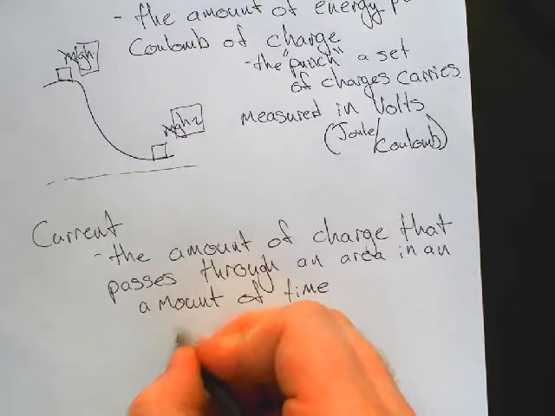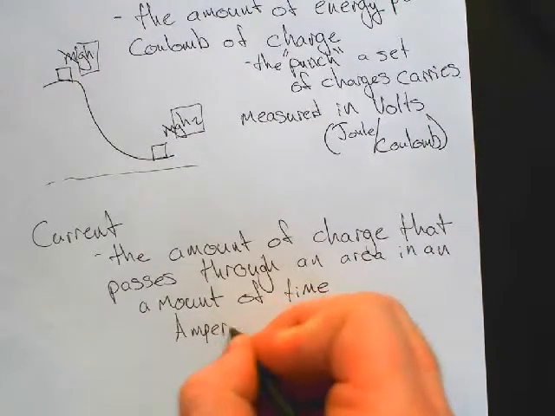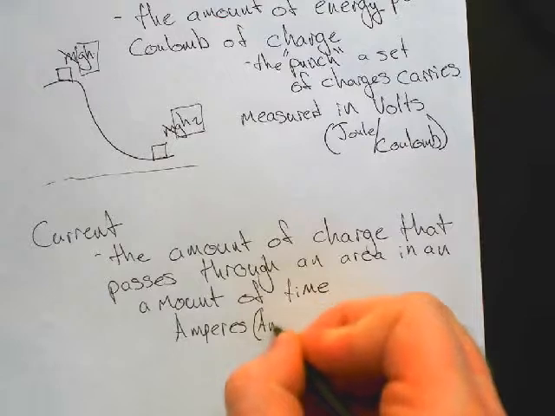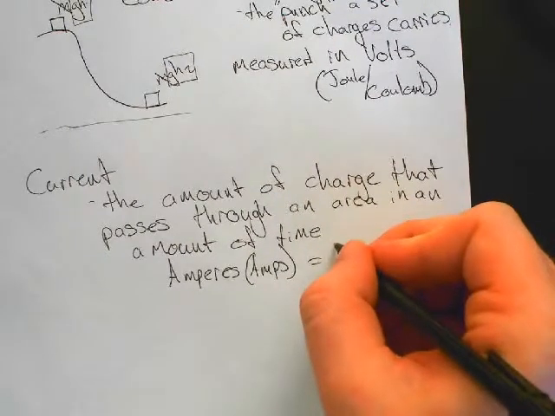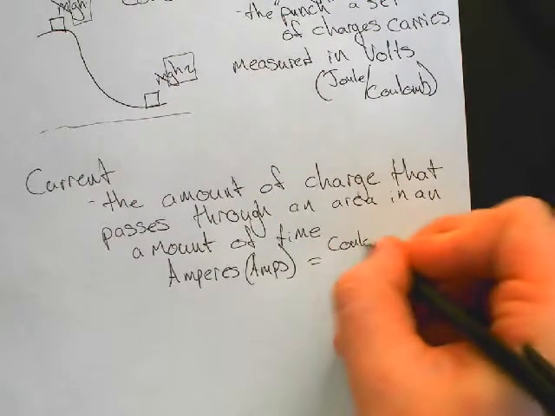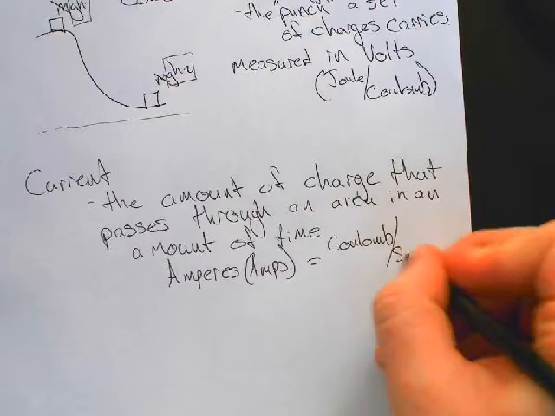Units for that would be amperes, or amps, and that would be the equivalent of a coulomb per second.